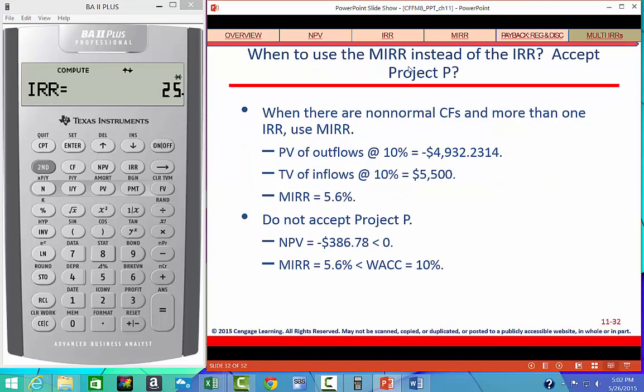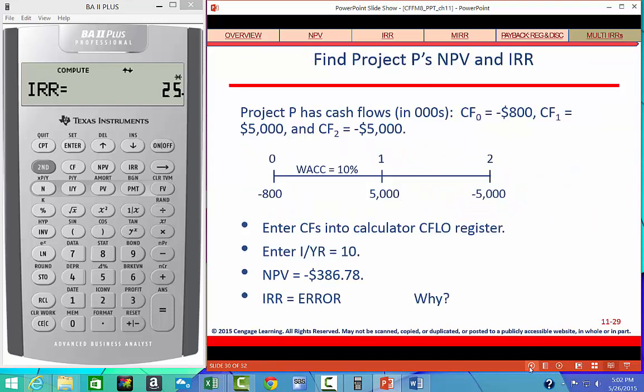So what if we use the modified internal rate of return for this project since it was so difficult? Well, if you remember, step 1 was to get the present value of the negative cash flows, or the outflows, and the weighted average cost of capital was 10%. So we took the negative 5,000, and the cash flow was negative 800 at the beginning.